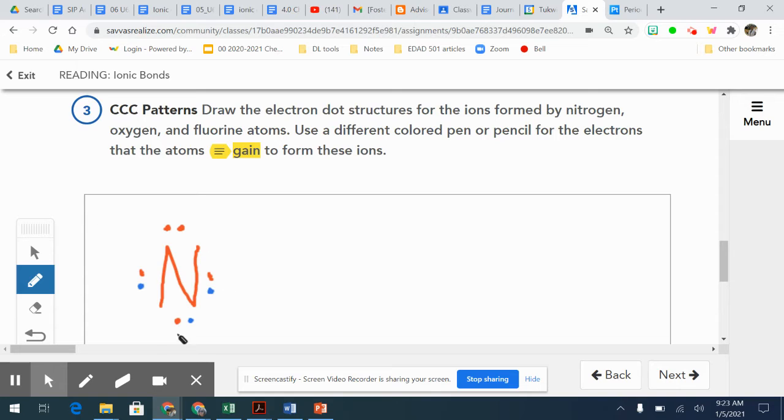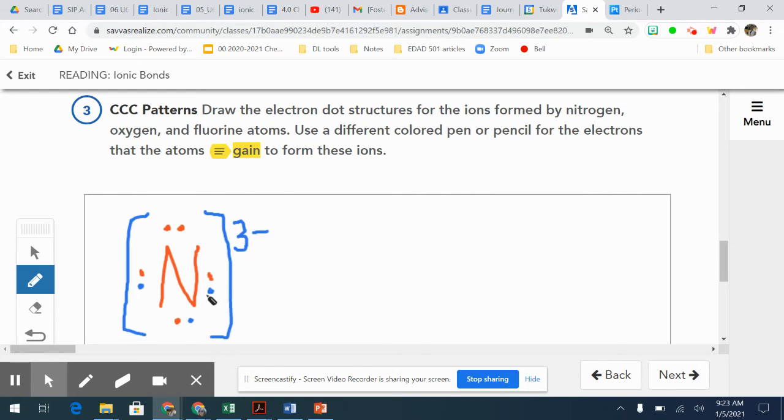Now this whole thing, we're going to put it in brackets just to say, this is my whole final answer here. And this whole thing is now an anion. It has 3 additional electrons, and those electrons are negatively charged. So it just got 3 extra negatively charged particles.